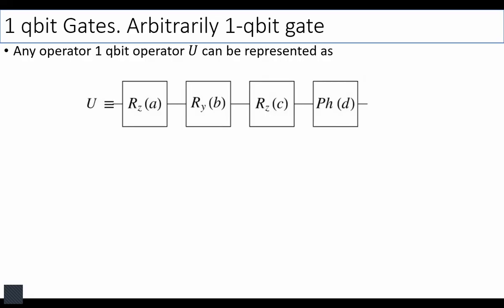That's a mathematical statement: for any unitary operator U, there exist four real numbers A, B, C, and D such that this is true. But I don't know how to find the values of A, B, C, and D from the elements of matrix U. The general story is that you have bases, and it is moved onto an orthonormal basis.